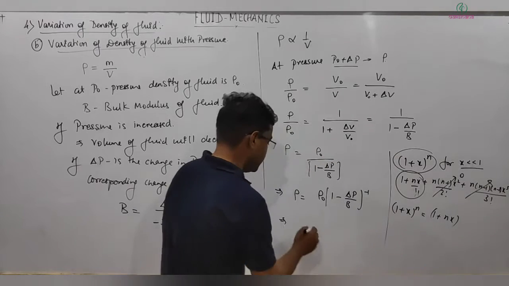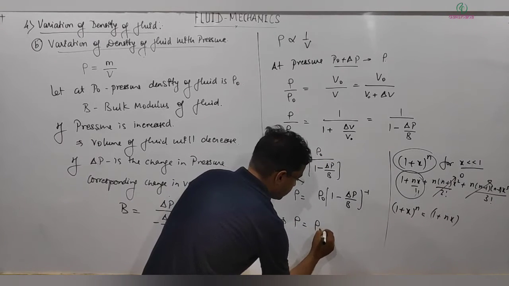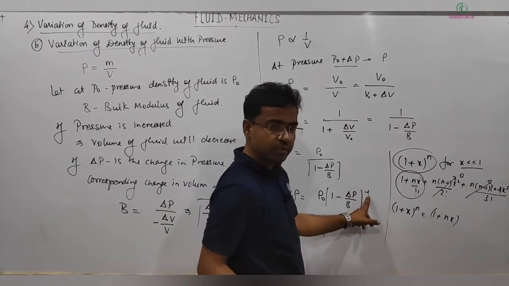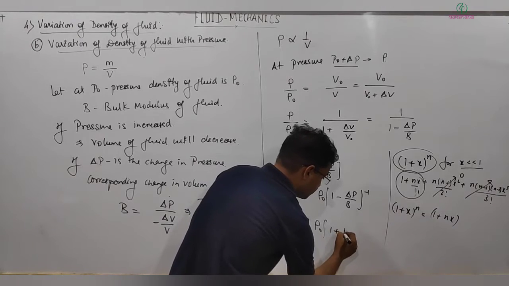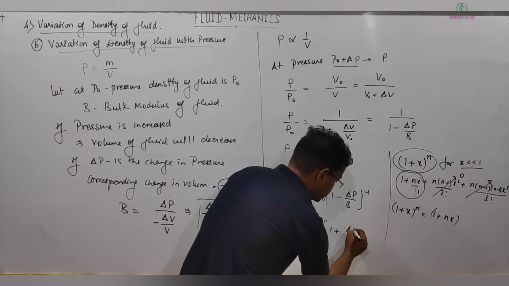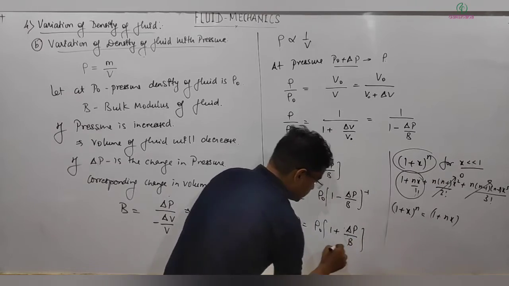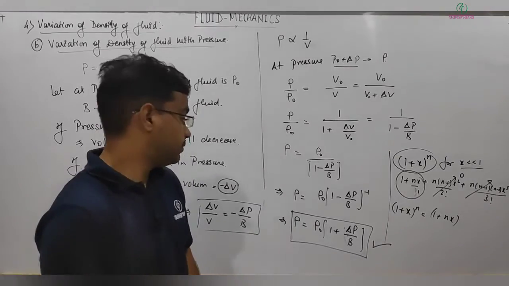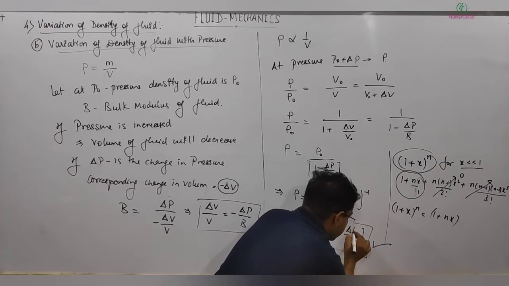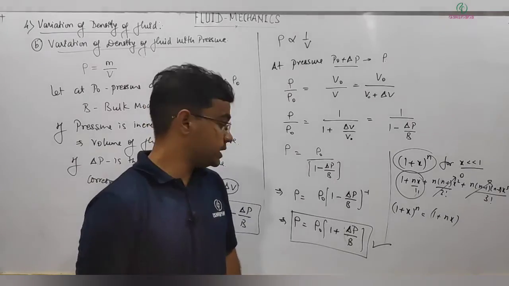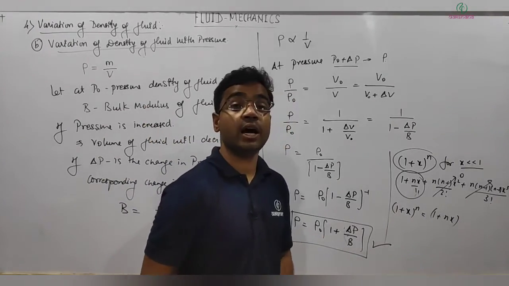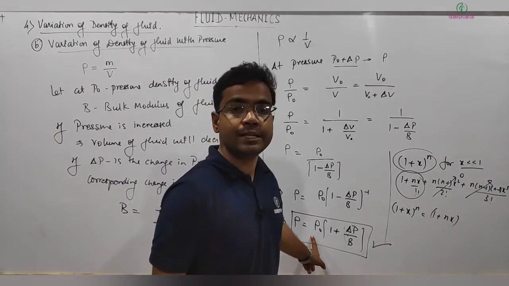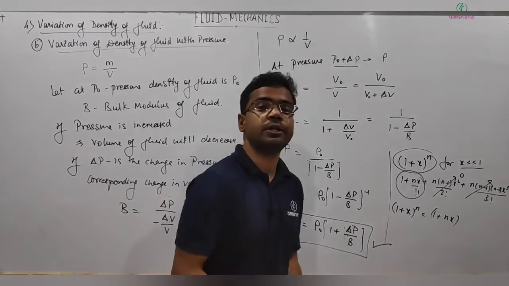So I can write rho is equal to rho naught times 1, and here minus, and n is minus 1, so minus will become plus 1, and x is delta P by B. So this will be the variation of density of fluid with pressure, where delta P is the rise in pressure of the fluid and B is the bulk modulus.